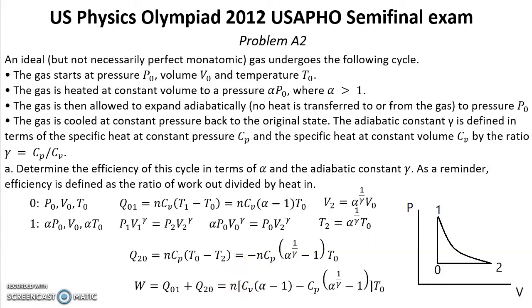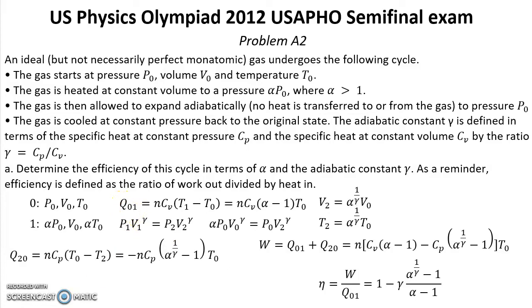And the last step is to find the efficiency. Efficiency is work done by the gas, W, divided by Q in, which is Q01. So finally efficiency equals 1 minus this expression, where gamma is the ratio between Cp and Cv.